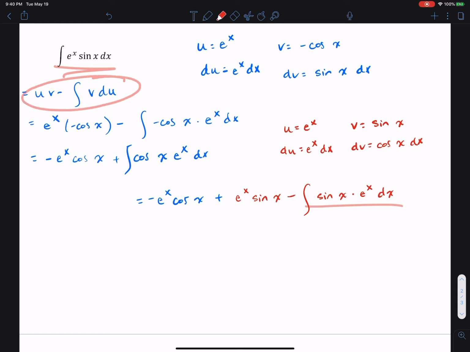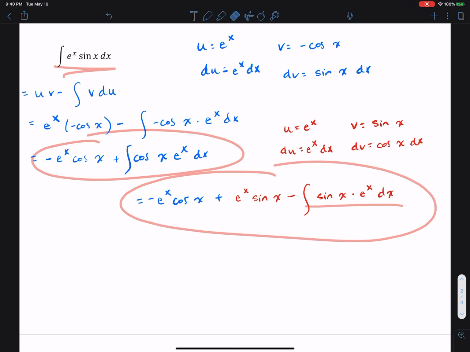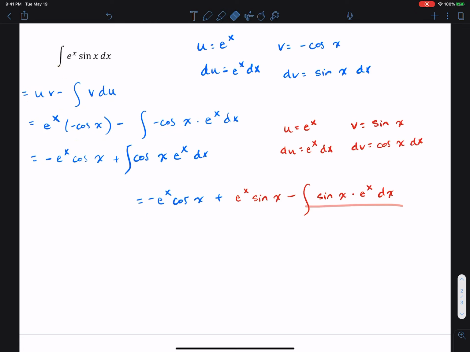So this eventually became this, which eventually became that. So that means this expression here is equal to the integral of e to the x sine of x dx.